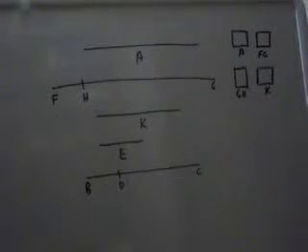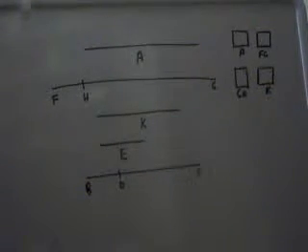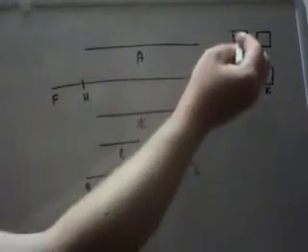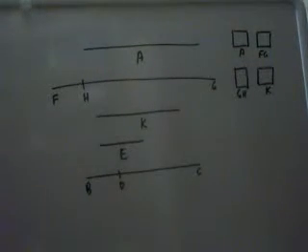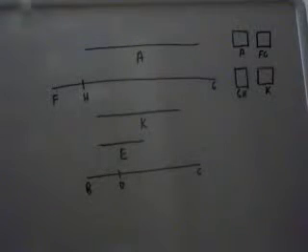Therefore, as E is to CD, as this is to that, so is the square on A to the square on GH. This is by Euclid Book 5, proposition 22. But E has not to CD, this does not have to this a ratio which a square number has to a square number.